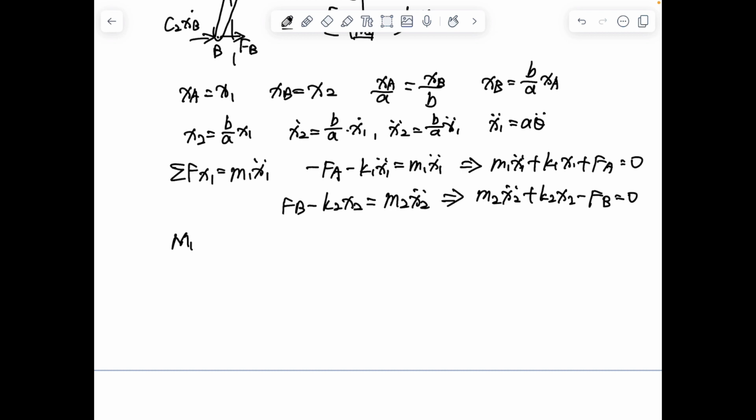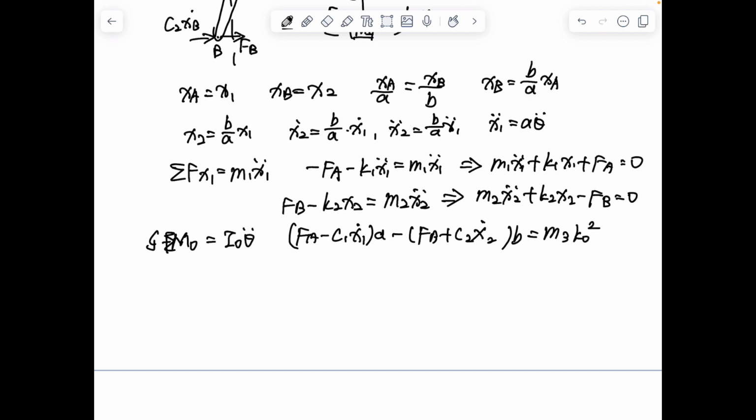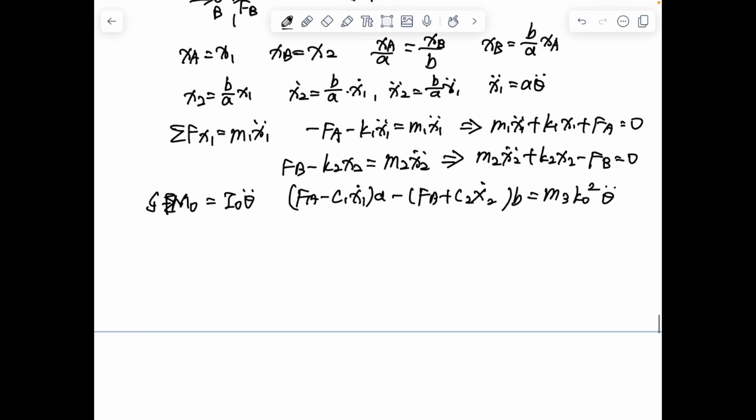If we consider the moment around the point O, we have sum of MO is equal to IO theta double dot. Then we have Fa minus c1 x1 dot times a minus Fb plus c2 x2 dot times b is equal to m3 ko square theta double dot.